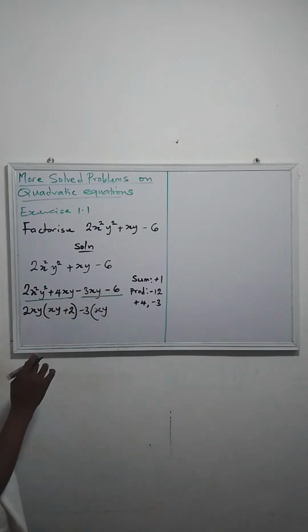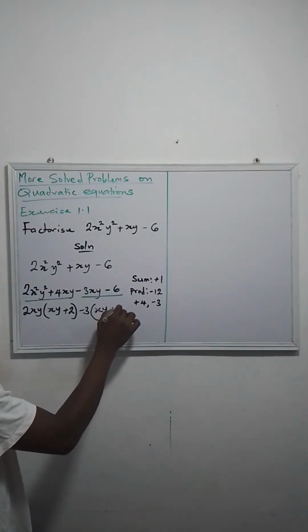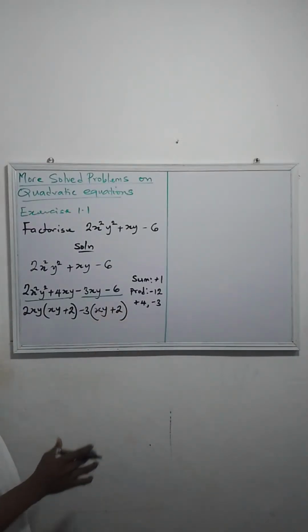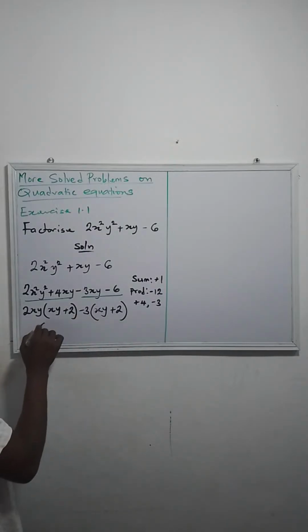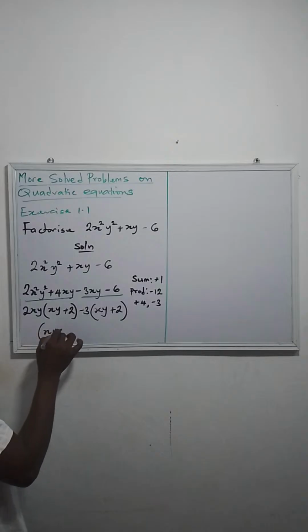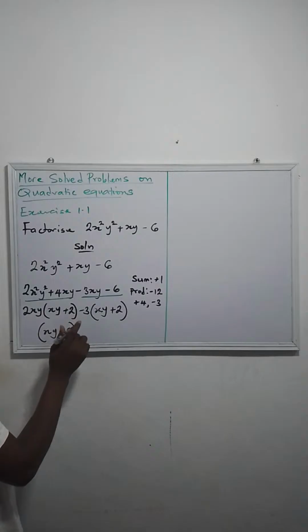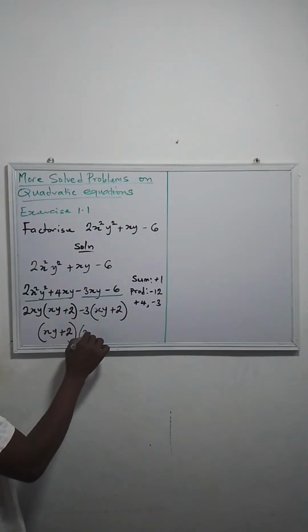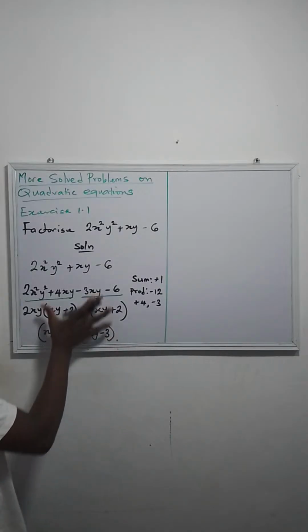When you do the same thing to negative 6, you have plus 2. So you can factor out what we have in the brackets. When you factor out, we have xy plus 2. You are left with these two terms, so we have 2xy negative 3. And this is the answer to the problem.